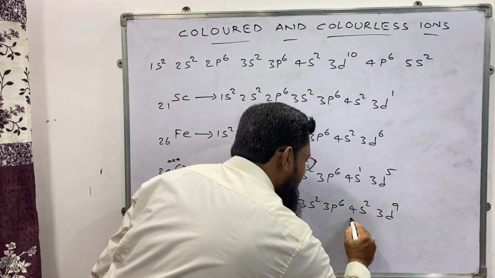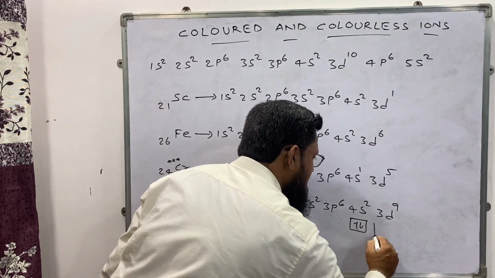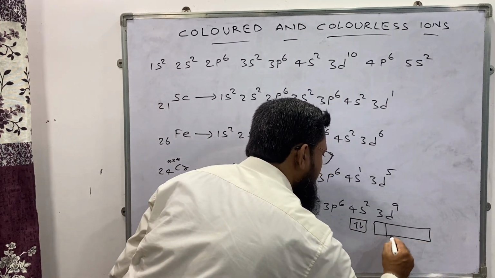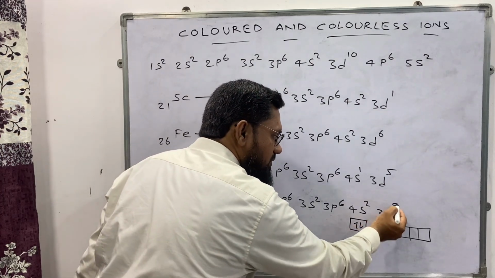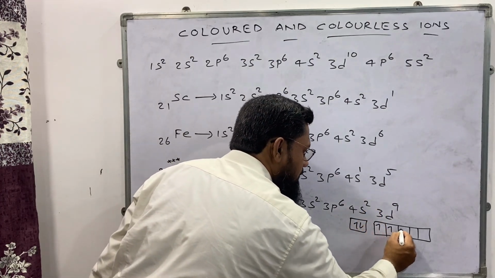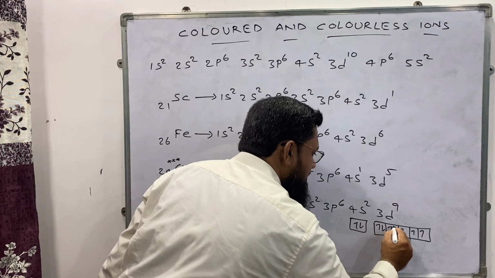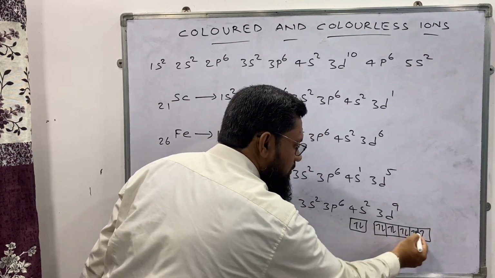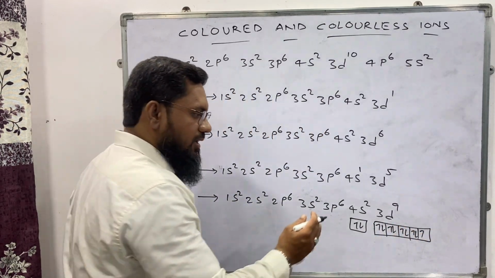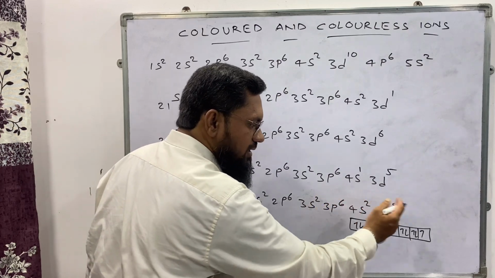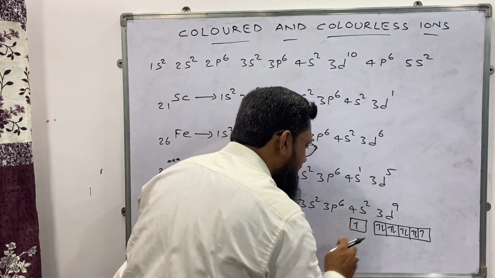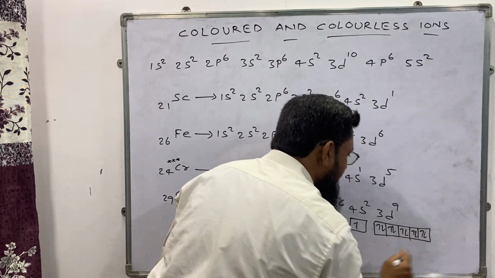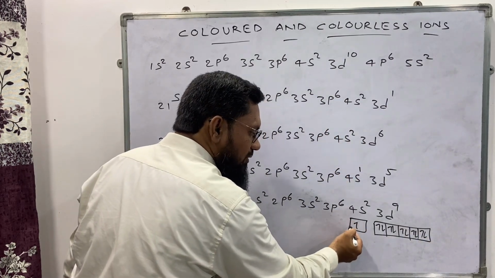But you know, here the s2 electrons are stable. But if you take the d orbitals, here we have 5 d orbitals in which we have 9 electrons. So 1, 2, 3, 4, 5, 6, 7, 8, 9. Now it is unstable. If all are half filled or completely filled, then it is stable. So if the electron from here excites here, then this is a half-filled configuration, stable.